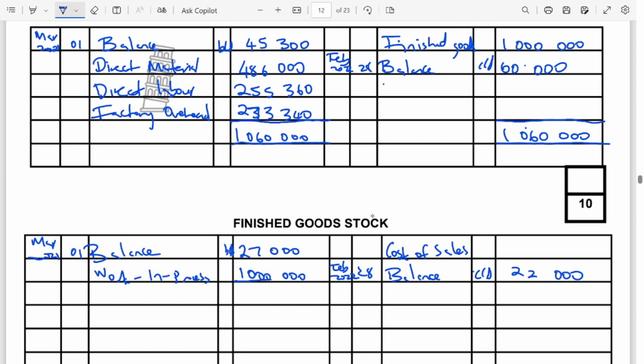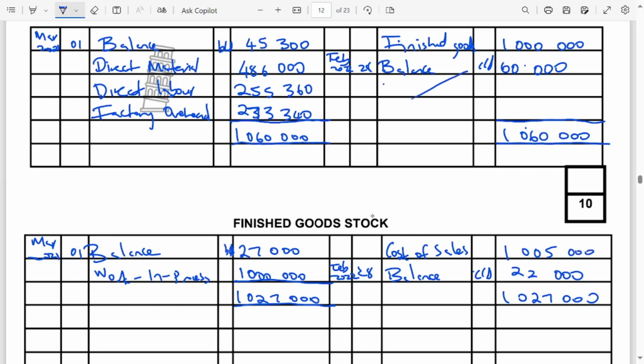So you just have to equate both sides. The debit side is big, 1,027,000. So 1,027,000 minus 22,000 is going to be 1,005,000.